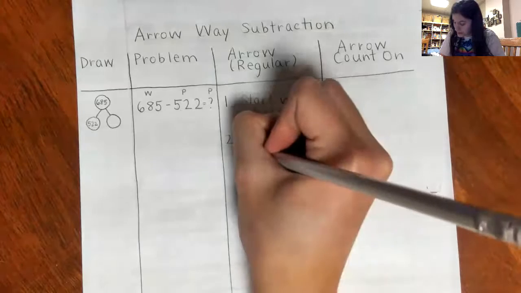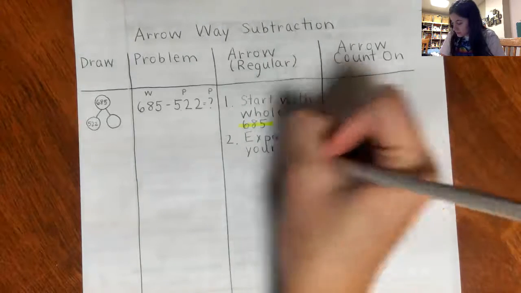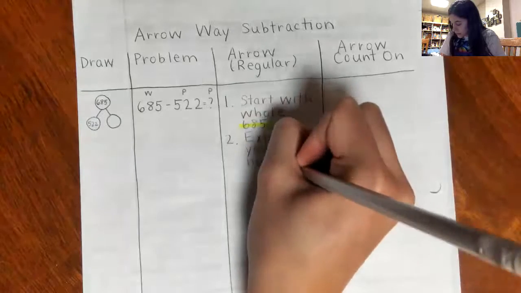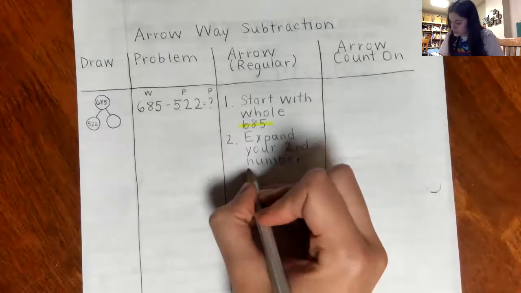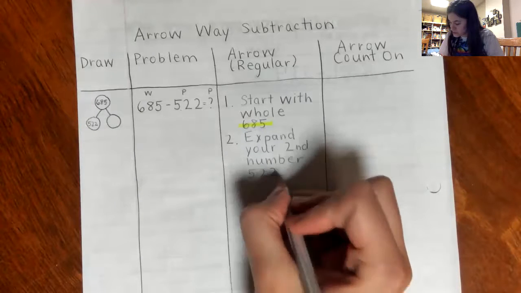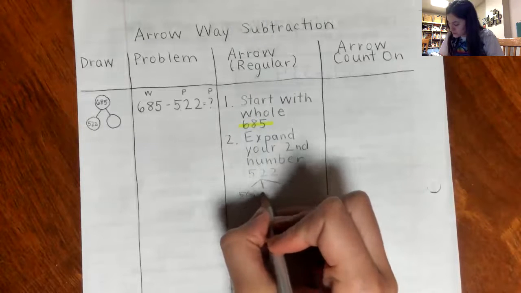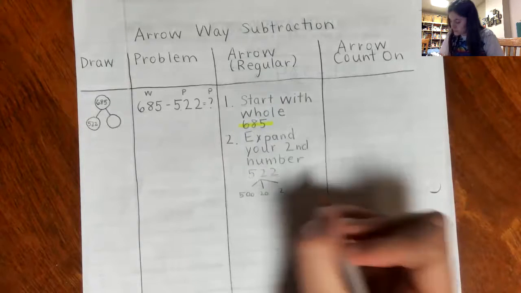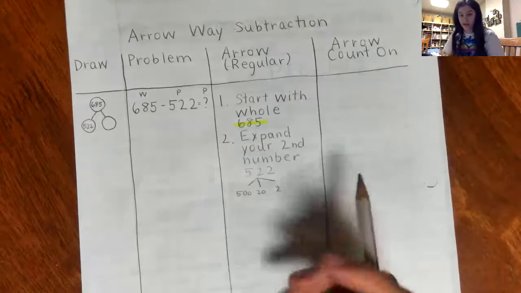So expand your second number. Okay, and I'm going to show you what I mean. My second number here, or my part, is 522. Okay, and when I break up 522 and I expand it, I'm thinking, all right, here's my hundreds, here's my tens, and here's my ones. Okay, just like expanded form, 500 plus 20 plus 2. Right, so that's step 2.